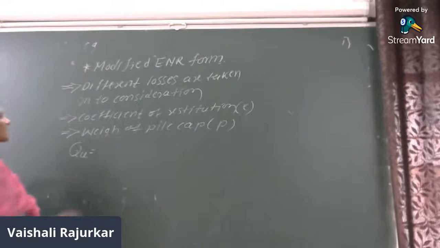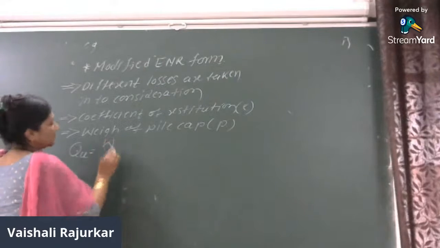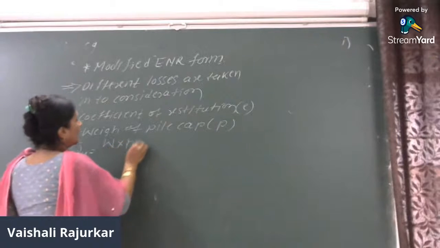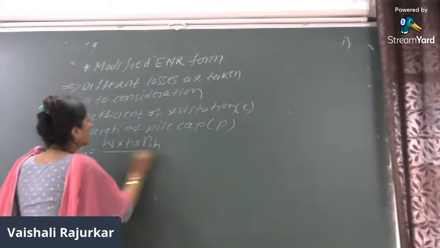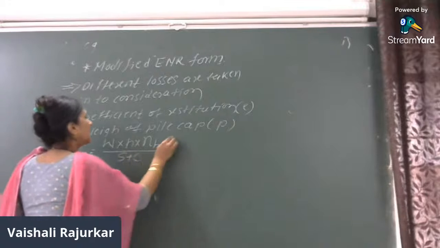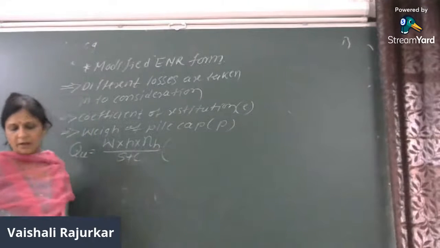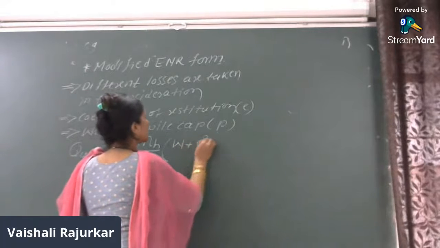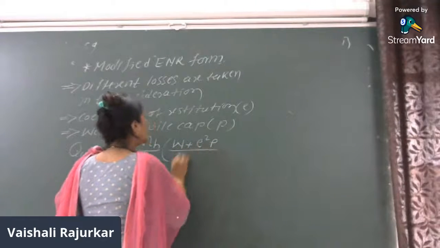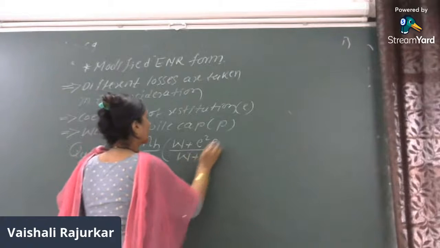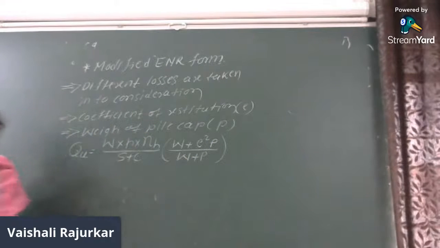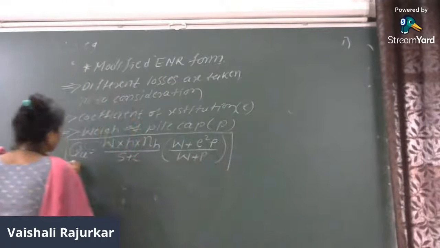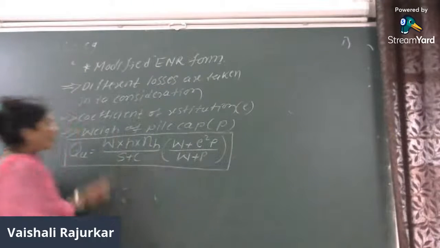So in this case, this is W into H into efficiency of hammer upon S plus C into W plus E square P upon W plus P. So this is the formula which is being modified, where what is W?